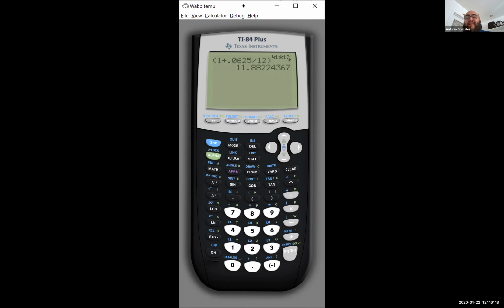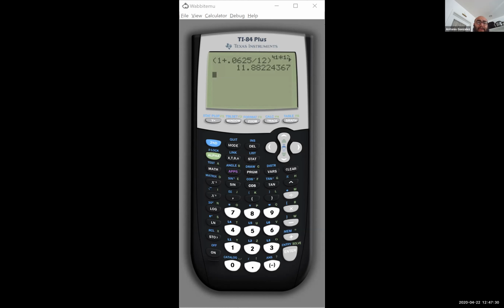Now, going back to my notes, there's no rule of how many decimal places to round off at. To minimize the amount of error, go at least 3 places to the right of the decimal. So here we'll have 11.882. And that D is still there, it didn't go anywhere.